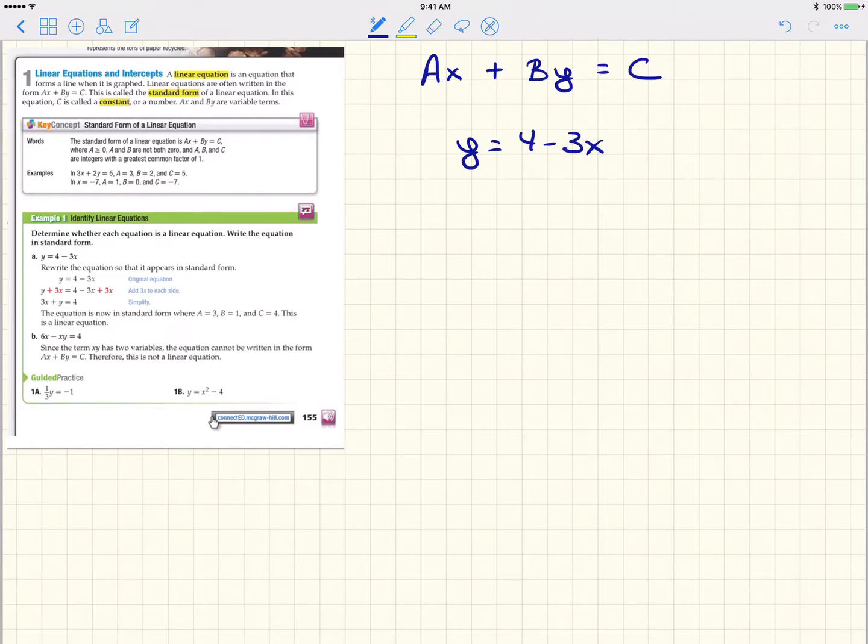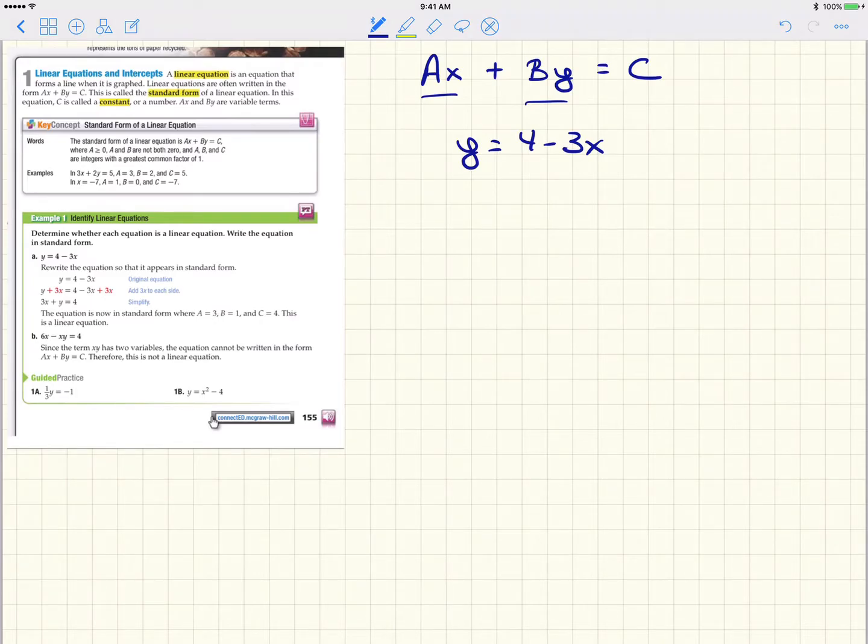The whole idea behind standard form is that we want the x values and the y values over on the left-hand side. In other words, we want something times x plus something times y equals something else. All of the regular algebra rules apply here.